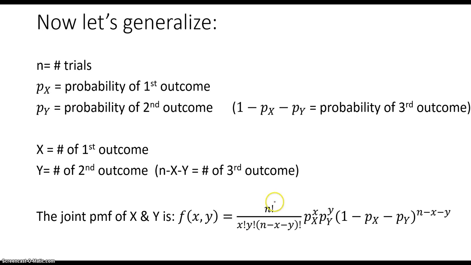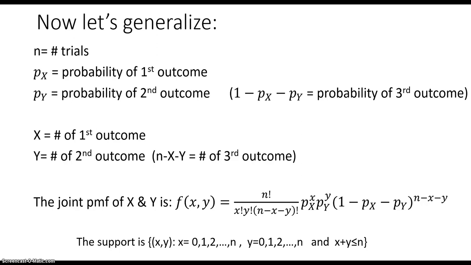That's telling us how many distinguishable ways we could have little x outcome 1 occur and little y outcome 2 occur. We multiply that by p sub x raised to the x power times p sub y raised to the y power times 1 minus p sub x minus p sub y raised to the n minus x minus y power.